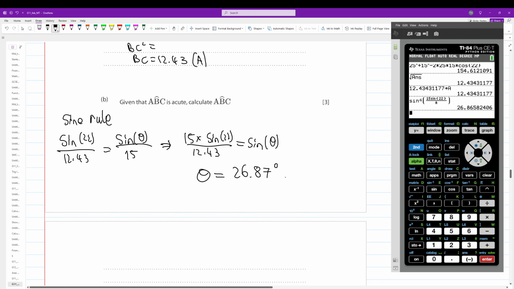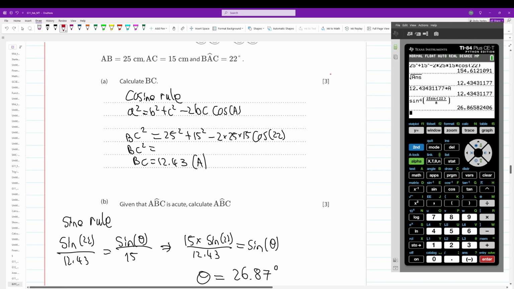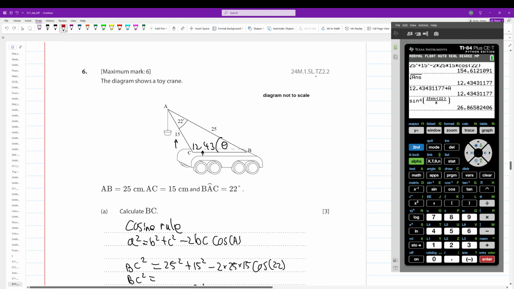Done. Now, I don't like doing that because it's using a value that I've worked out, and that doesn't sit right with me. Because when it comes to maths exams, I'm paranoid. I don't want to lose a single mark. So instead, this is going to be my little diagram for what I'm going to do. Let's see if I can make a nice looking triangle.